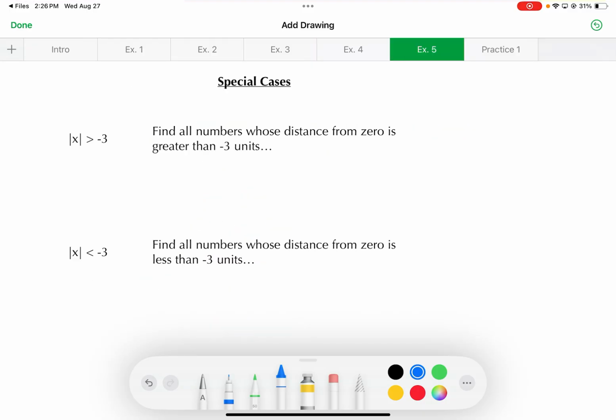Let's say I want the absolute value of a number to be greater than negative 3. So reason that out. What's it asking for? It wants all numbers whose distance from 0 is greater than negative 3 units. What numbers would make that true?